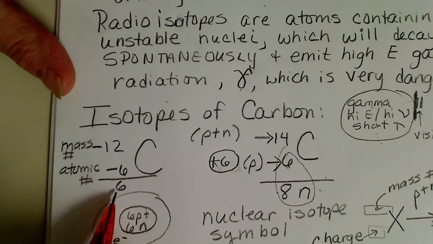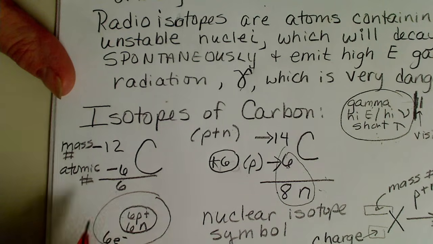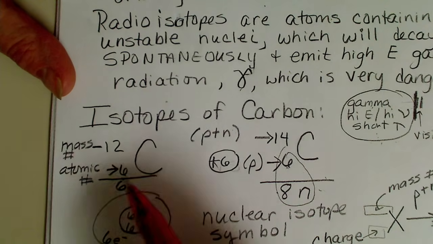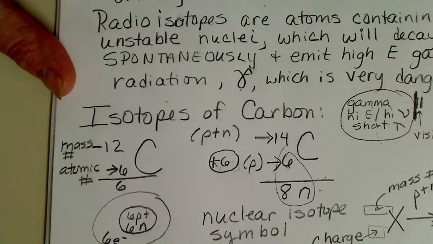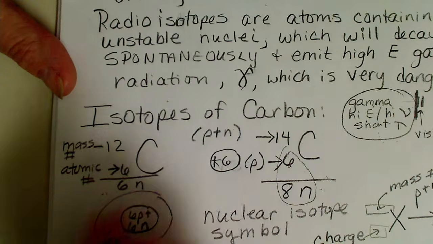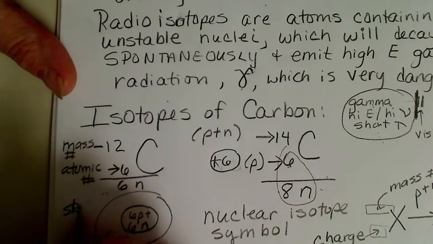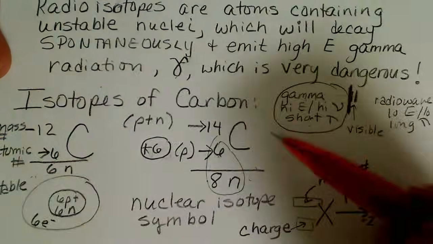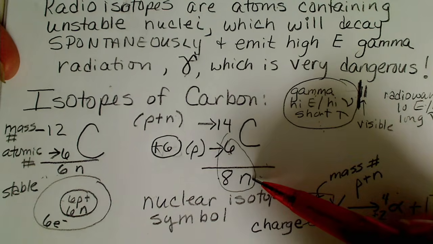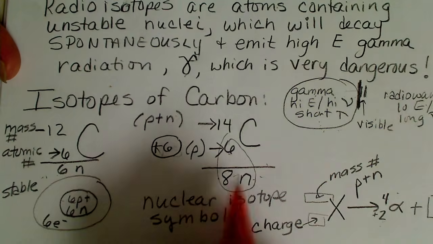Up to atom number 20, which is calcium, a nucleus likes to have approximately the same number of protons and neutrons in order to be happy. So carbon-12 will not decay radioactively. This isotope is stable.